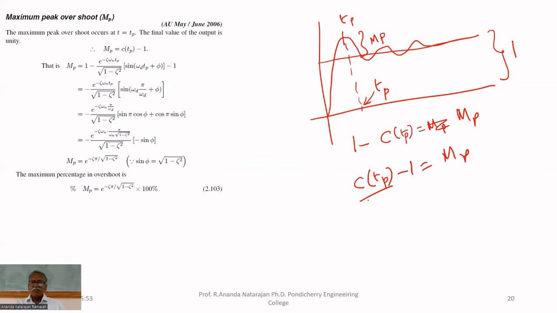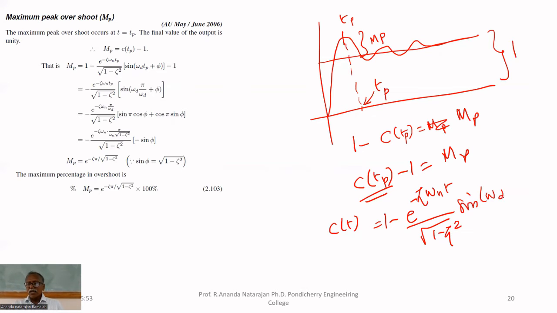What is C of Tp? We know that C of t equal to 1 minus e power minus zeta omega n t upon square root of 1 minus zeta square sine omega d t plus phi. So here, wherever you find t, substitute Tp. What will you get?